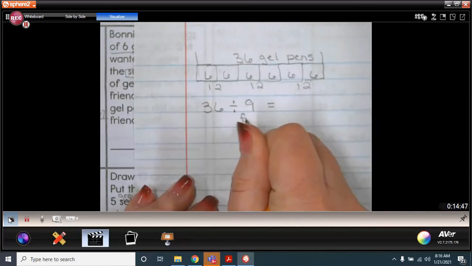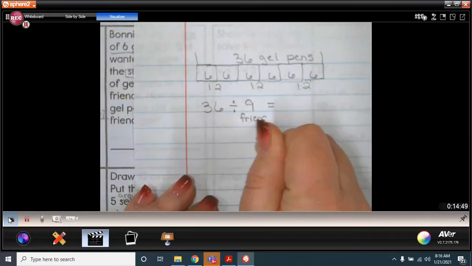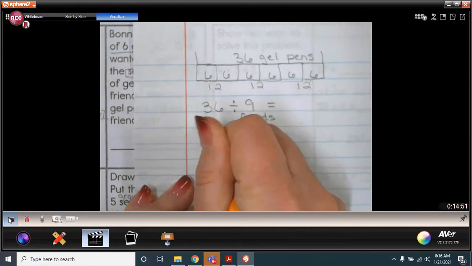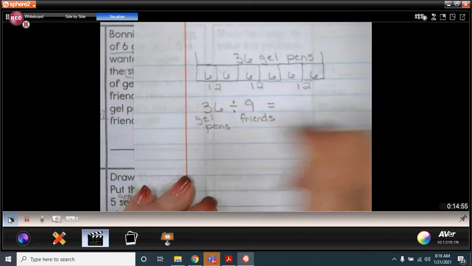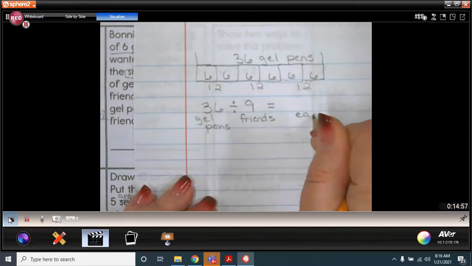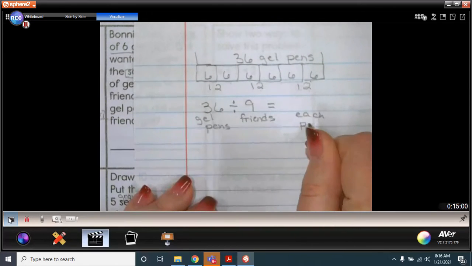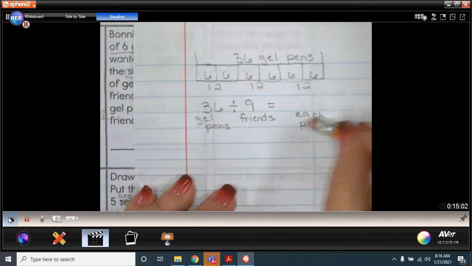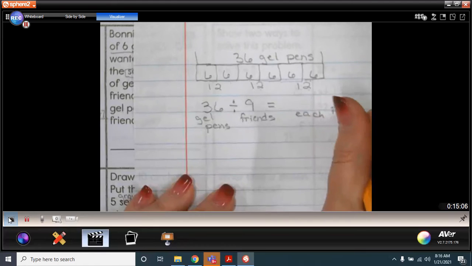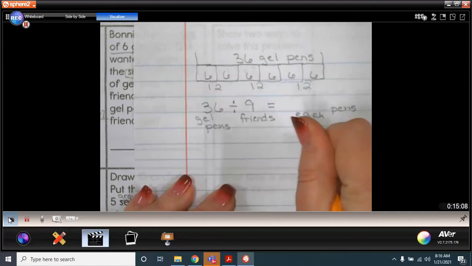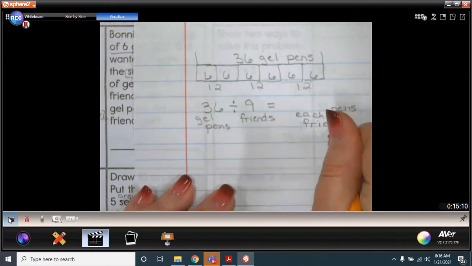So I have my friends. I have the objects that I'm sharing, which are the gel pens. And I want to know how many pens each friend is going to get. Pens for each friend.